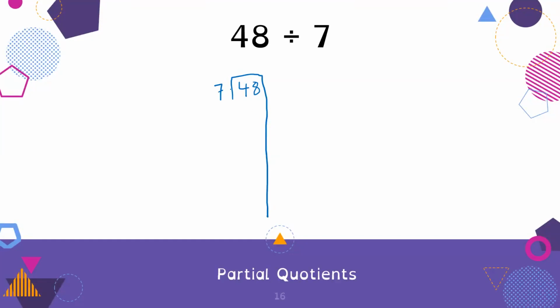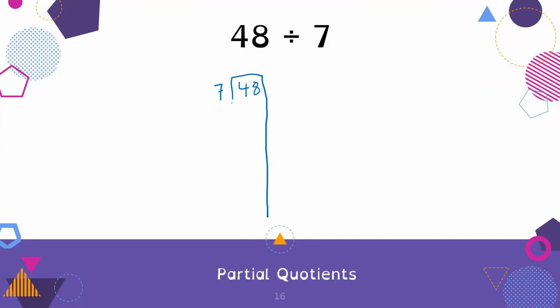So instead of thinking like long division, where we say, okay, 7 goes into 4 how many times, 0 times, then 7 goes into 48 how many times, we're going to think, okay, what are friendly groups of 7 that we know are going to be less than 48?